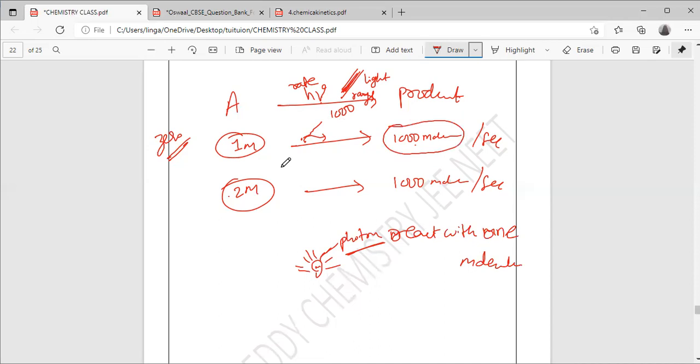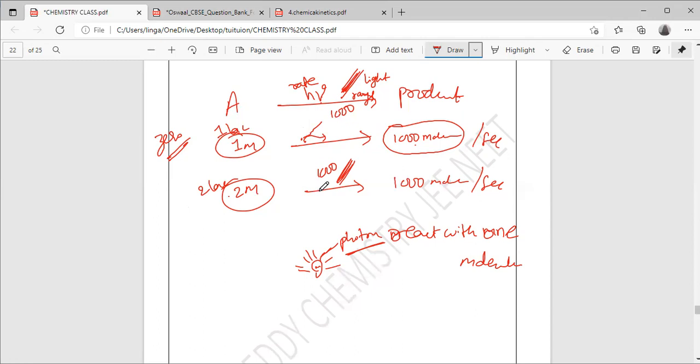So now I am increasing the reactant. Initially maybe 1 mole, which you can understand as 1 lakh molecules. With 2 moles, 2 lakh molecules are there. But the light is the same. In this light, how many photons are there? Only 1000 photons. So how many molecules react per second?